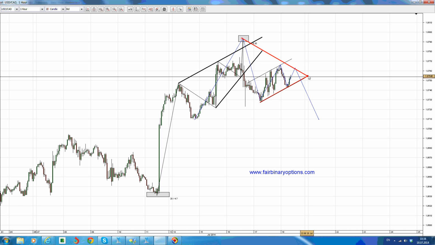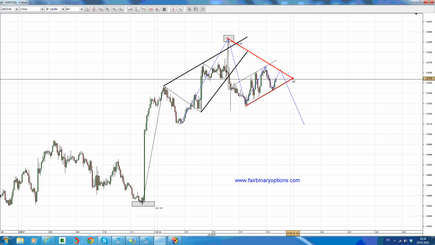Now with the different colors here, we highlighted the different possibilities that the currency might make. I would still wait for this trend line here to be broken before engaging and buying put options.